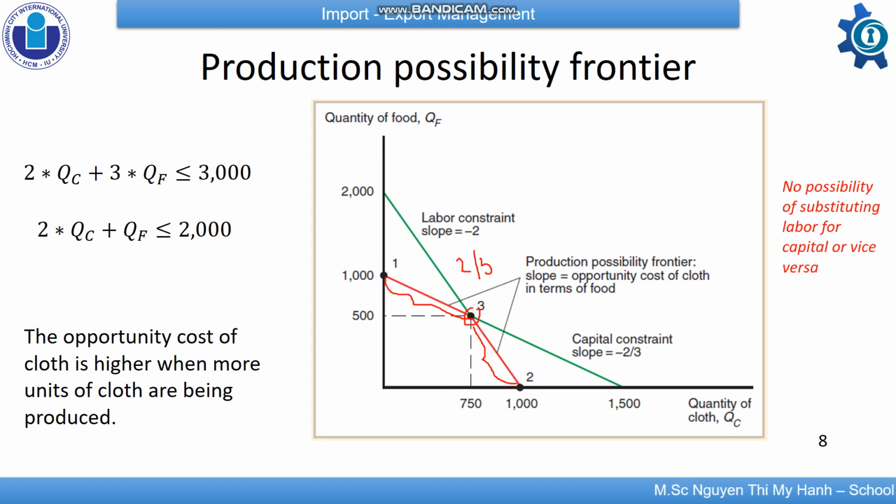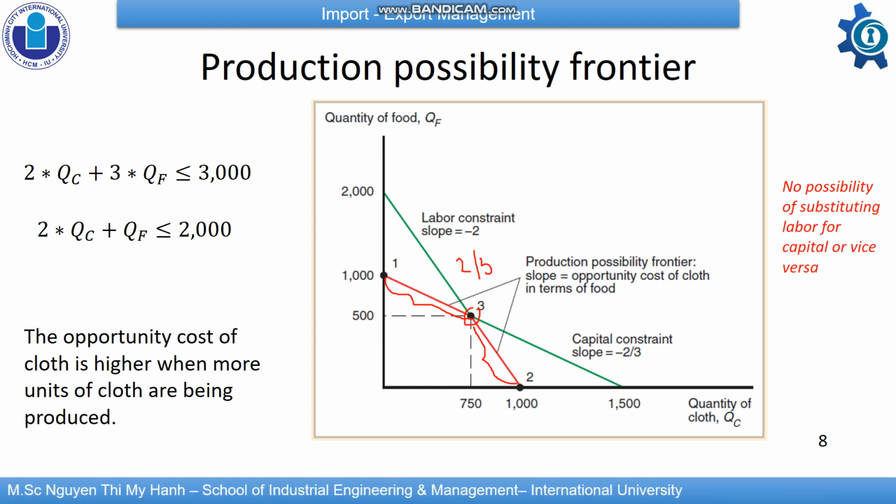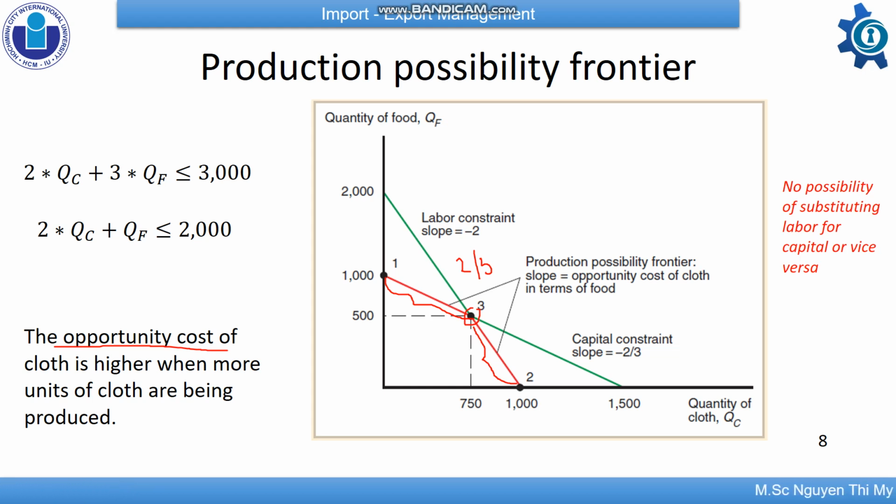So we can see that the opportunity cost of cloth is higher when more units of cloth are being produced. Take note here: the opportunity cost of cloth will increase when they focus more on producing cloth.